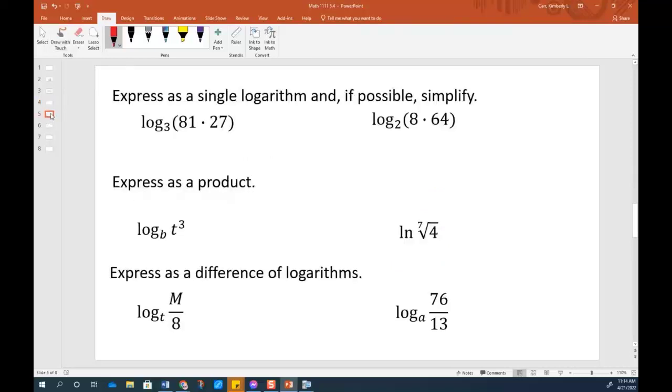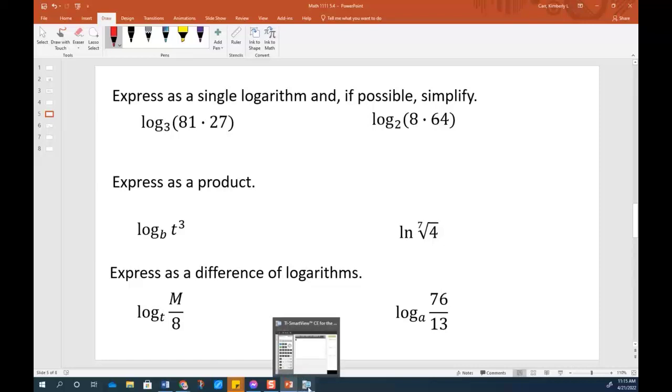Okay, so this is what your homework's going to look like. Express as a single logarithm, and if possible, simplify. Now, there's a couple of ways to do something like this, and I'm not going to lie to you, your calculator will be able to handle those. But what your calculator is going to do is immediately simplify. So if you needed to express it as a single logarithm, which is kind of funny because I know this is one logarithm, but this is what the instructions look like on the homework.